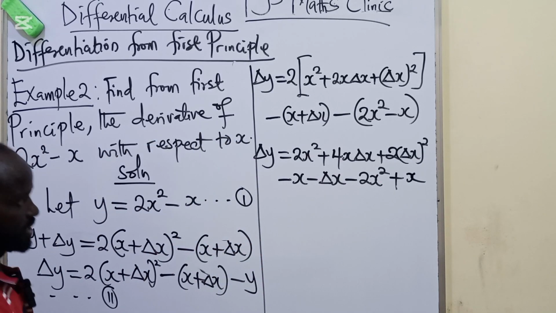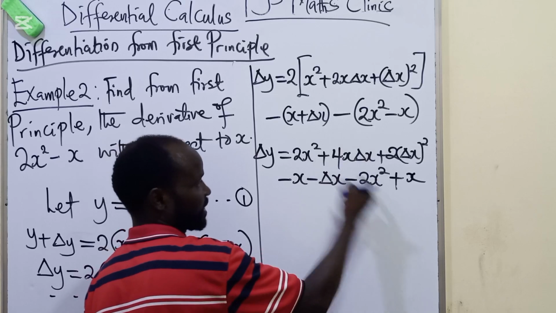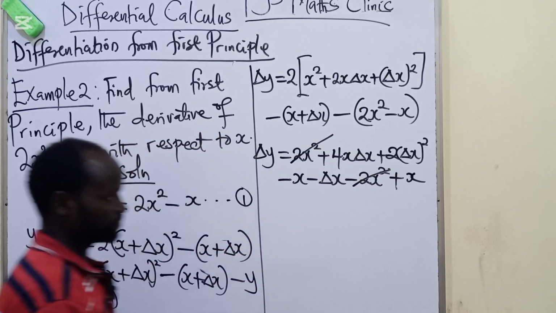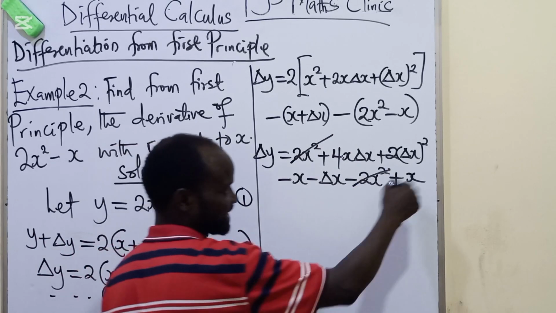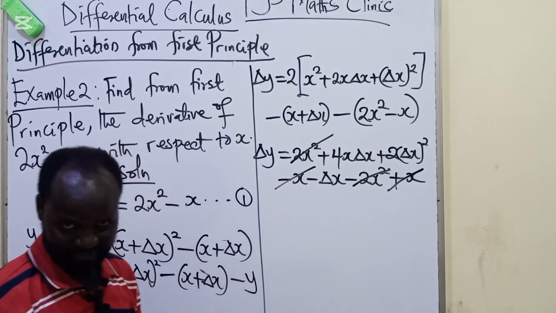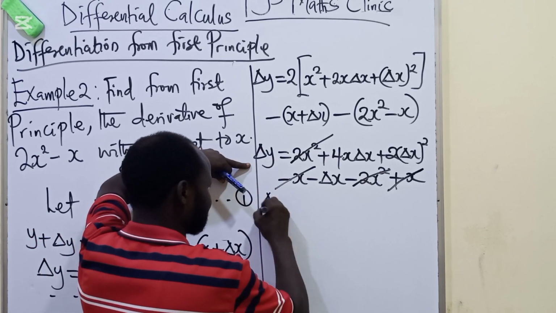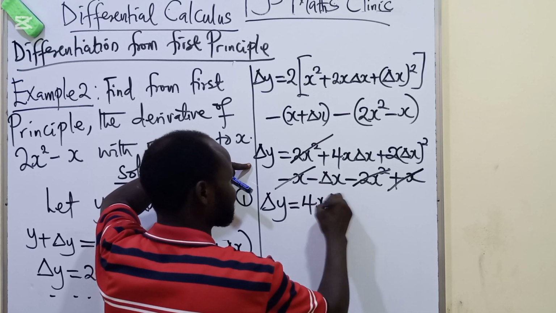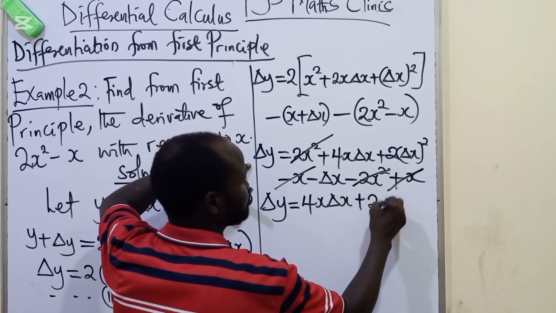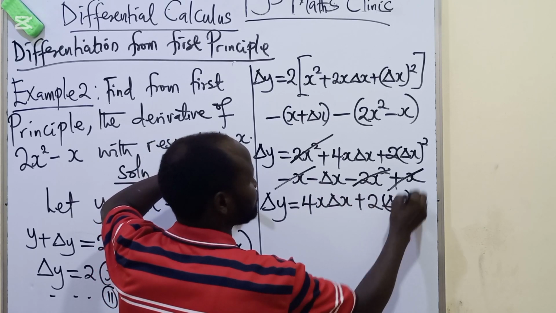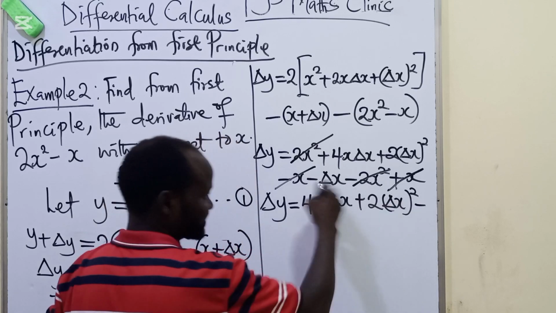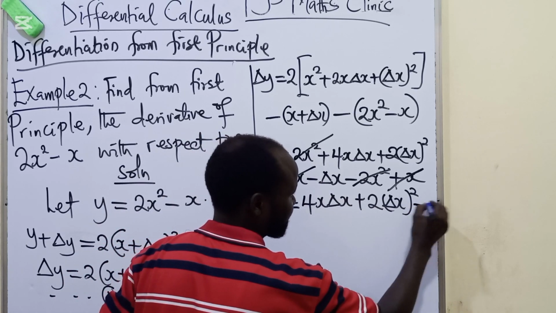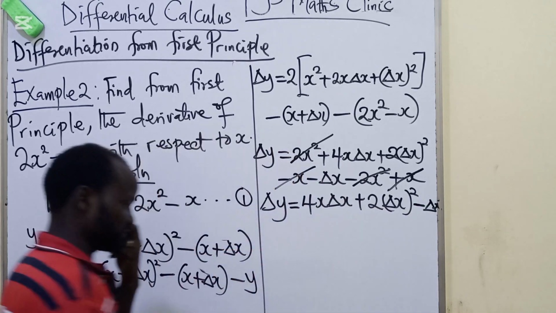Very important. Clearly here, 2x squared minus 2x squared will be 0. Then minus x plus x will still be 0. Then we're left with change in y equals 4x delta x plus 2 delta x all squared minus delta x.